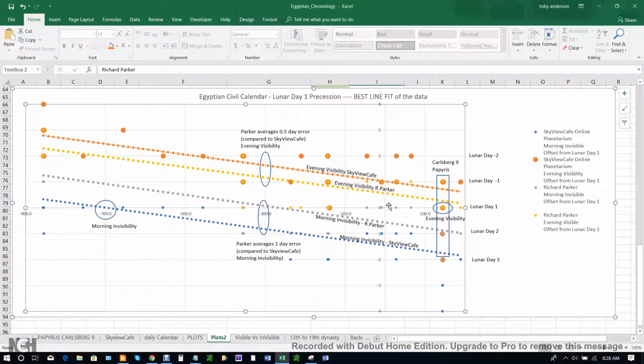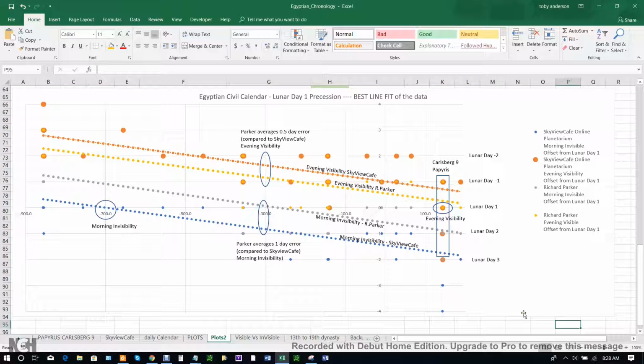Anyways, the other possibility, and Parker likes to do this in his book, he says if you go back in time, when did the thing originate? And so if you go back to where lunar day 1 here, where this SkyViewCafe online planetarium crosses lunar day 1, it's at around 700 BCE, right in there.